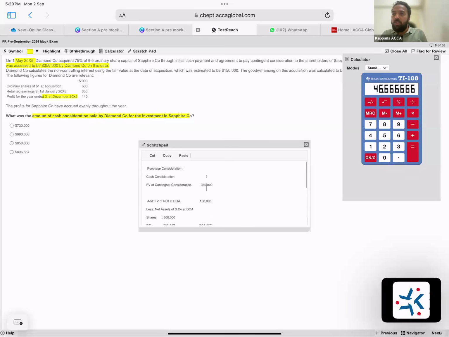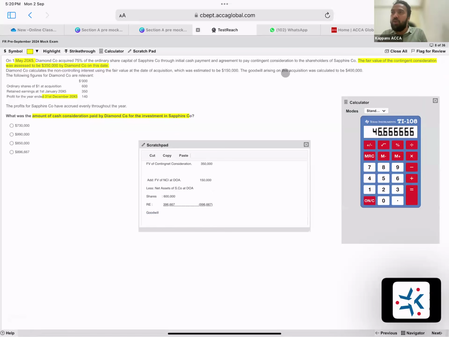Now, once you do all of those things, purchase consideration plus fair value of NCI at date of acquisition minus net asset of subsidiary company at date of acquisition, what will you get? You will get goodwill. You don't have to calculate because the question has even given that goodwill arising on this acquisition was 400,000. So goodwill at the date of acquisition is 400,000.